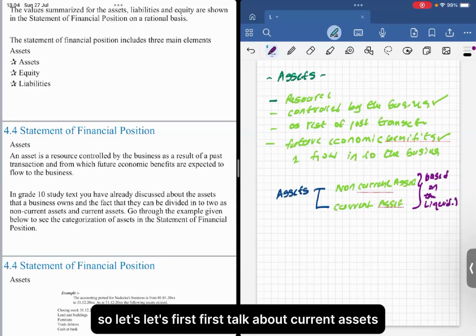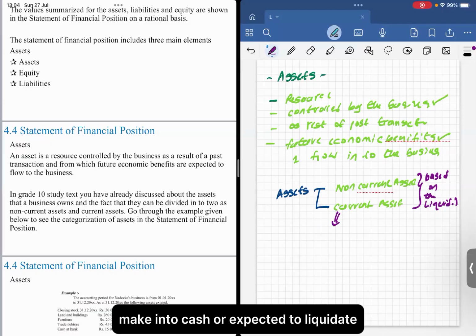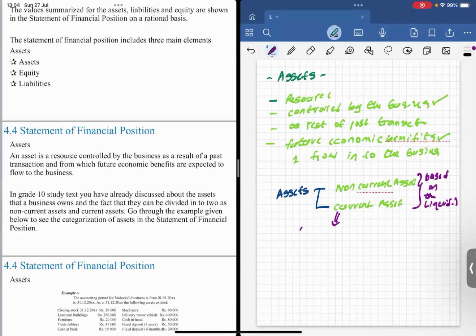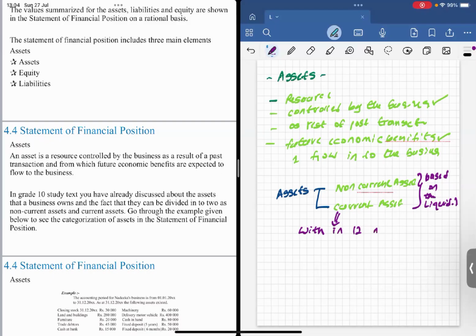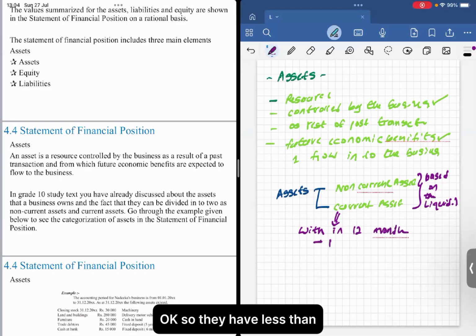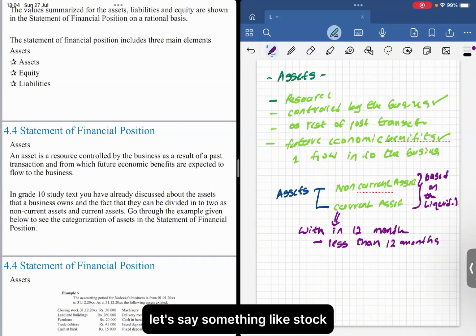So let's first talk about current assets. Current assets are expected to be turned into cash, or liquidated, within 12 months. So they have less than 12 months of life. Let's say something like stock.